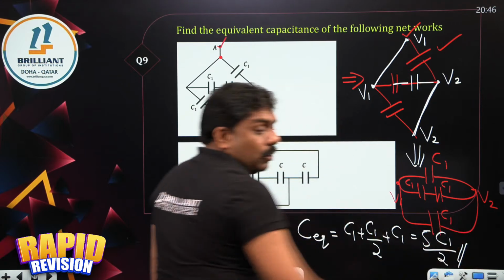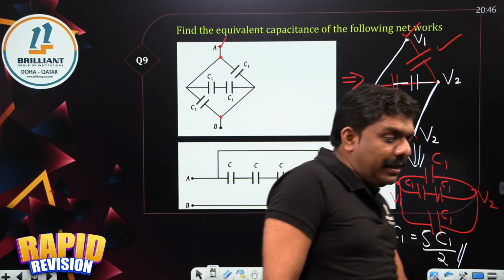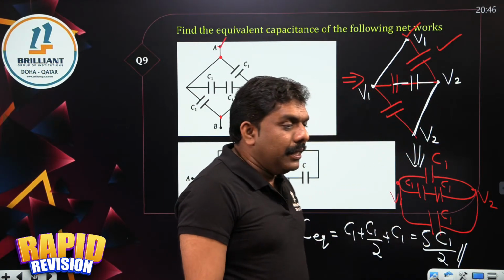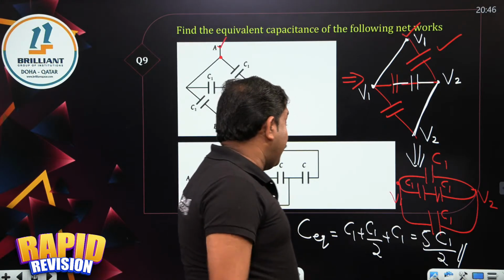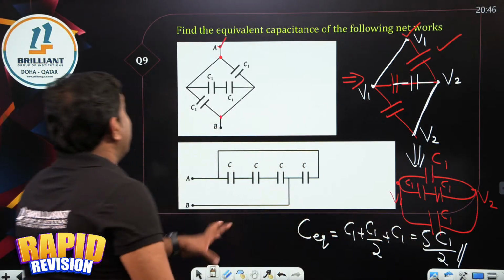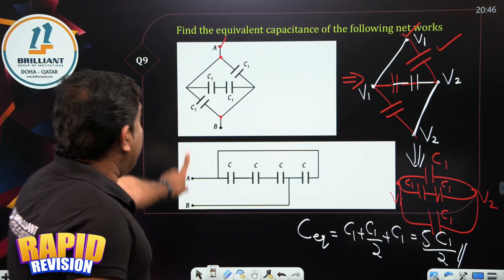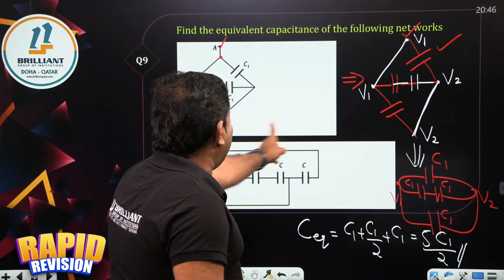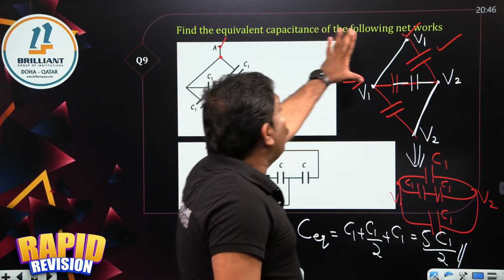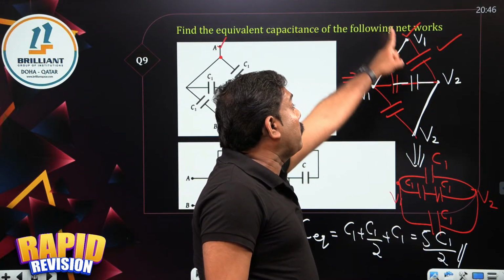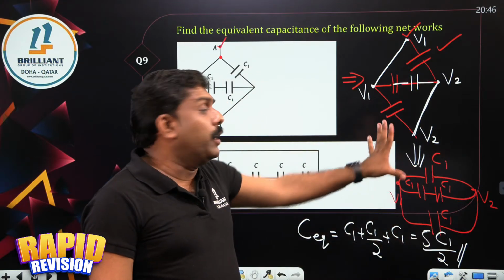So many got the answer correctly. Yes, Nitin, you wrote the answer, you said this answer before also correctly. 5 C1 by 2 is the equivalent capacitance. So I am explaining, whenever we have connecting wires without a capacitor, I use the potential reduction method. So we got it.